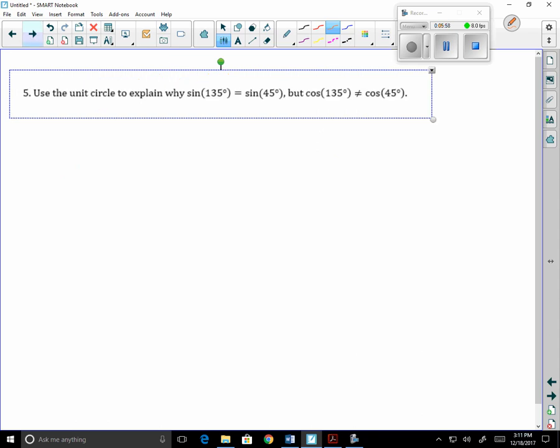The next one says, use the unit circle to explain why those two sine values are the same, but the cosine is not. So we know that if we are at 135, this angle is 45. So the reference angle is definitely 45 degrees. Now here is the problem.